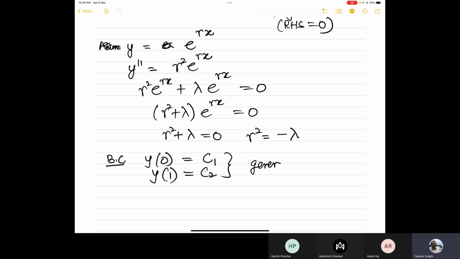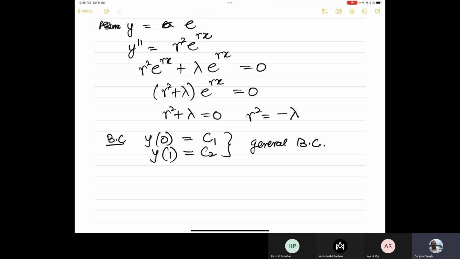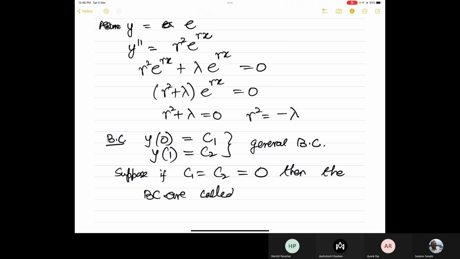These are the general boundary conditions which you have. But suppose c1 is equal to c2 and both of them are 0, then the boundary conditions are called, what do you think they would be called?